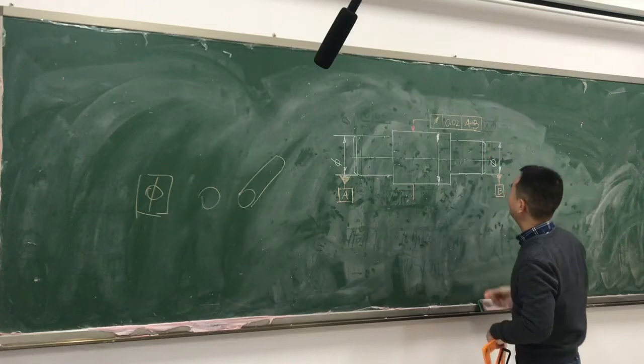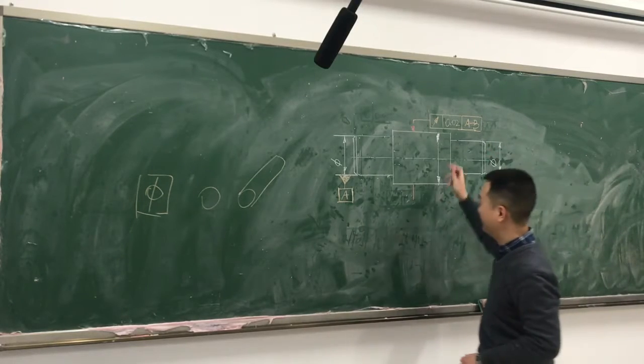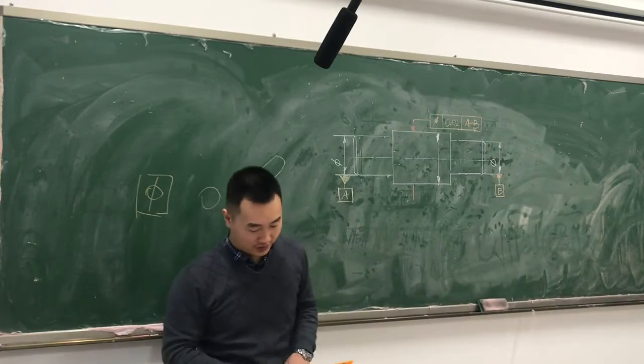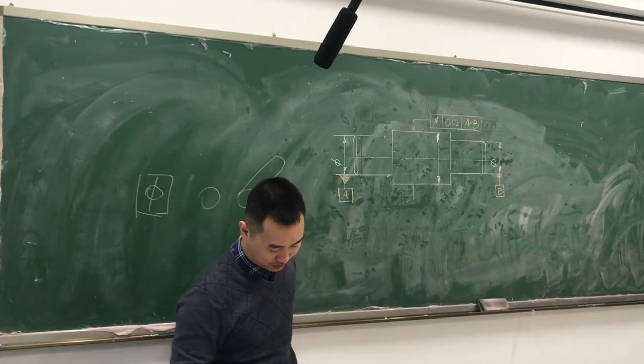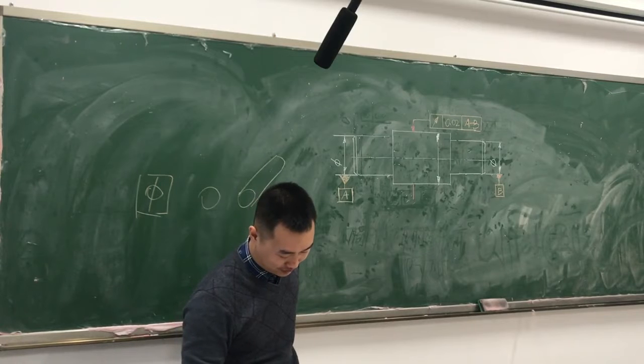This also will need to change. So this is the first geometrical tolerance correction. And now let's move on.